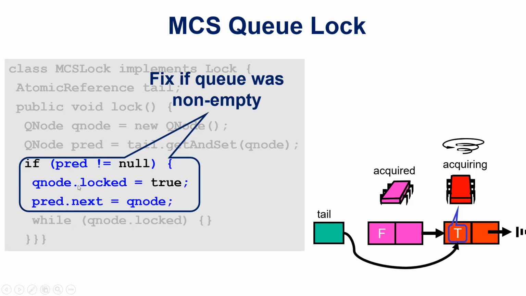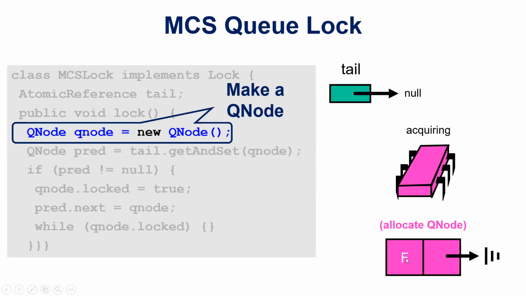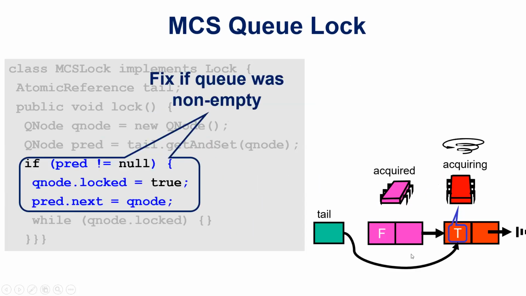True. Then Q node dot locked equals true. For this red thread's Q node, when it was created the locked value was false. Now we are changing it to true. And predecessor dot next equals Q node: we are updating the predecessor's pointer to the next thread.